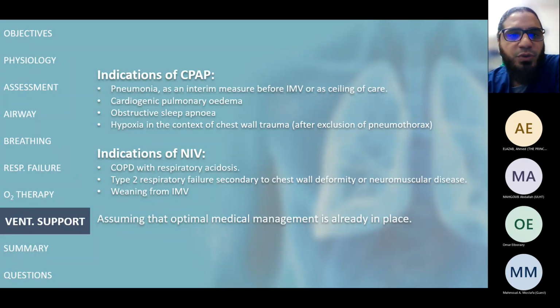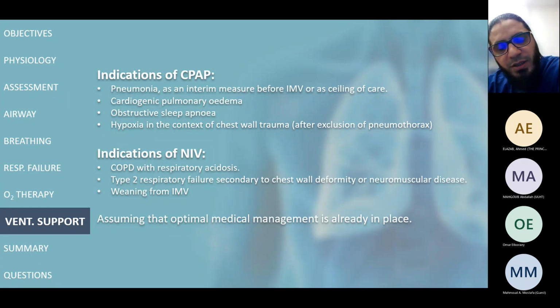You can give him some sort of high flow with pressure to give him comfort and reduce the work of breathing. For a patient who has severe pneumonia, you can start CPAP initially. It's either a bridge before invasive ventilation, to see if it works, so you can reduce the need for invasive ventilation, or it might be a ceiling of care.